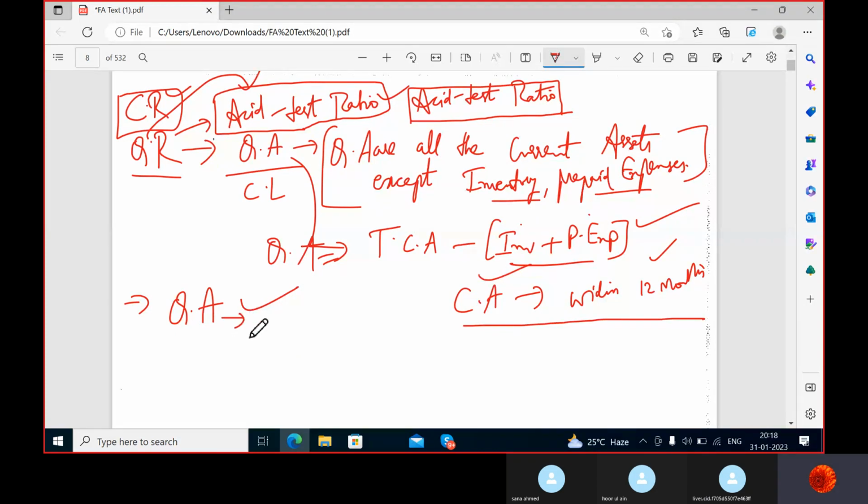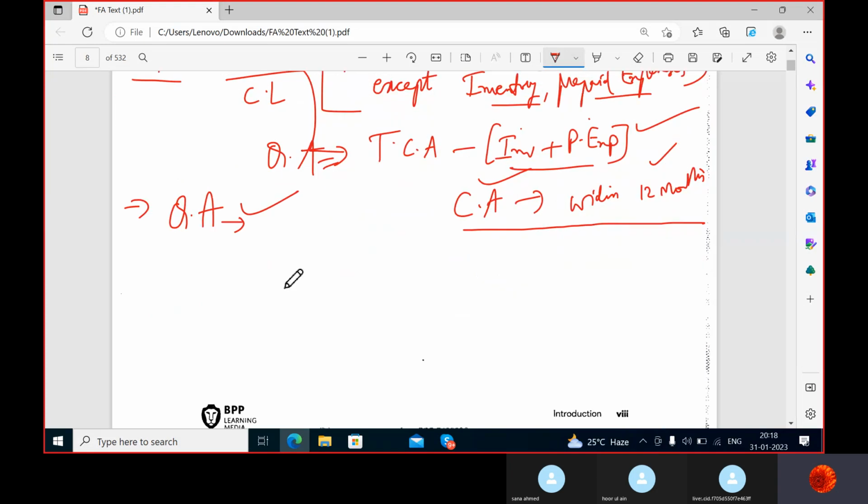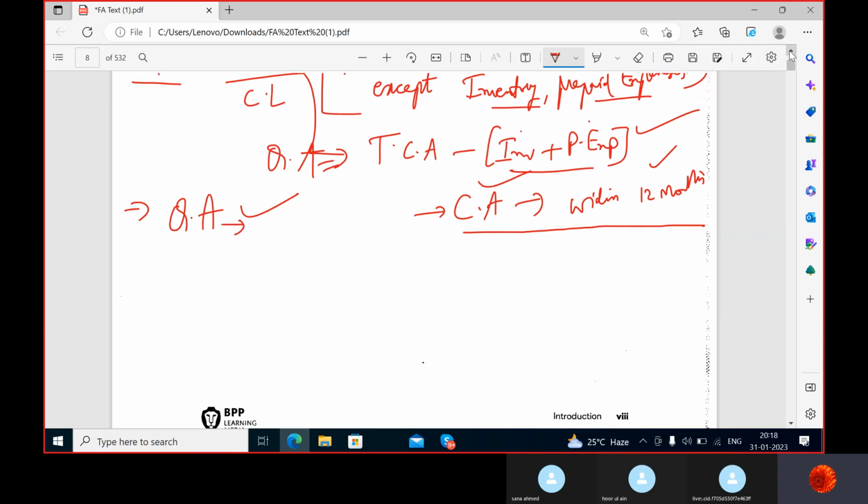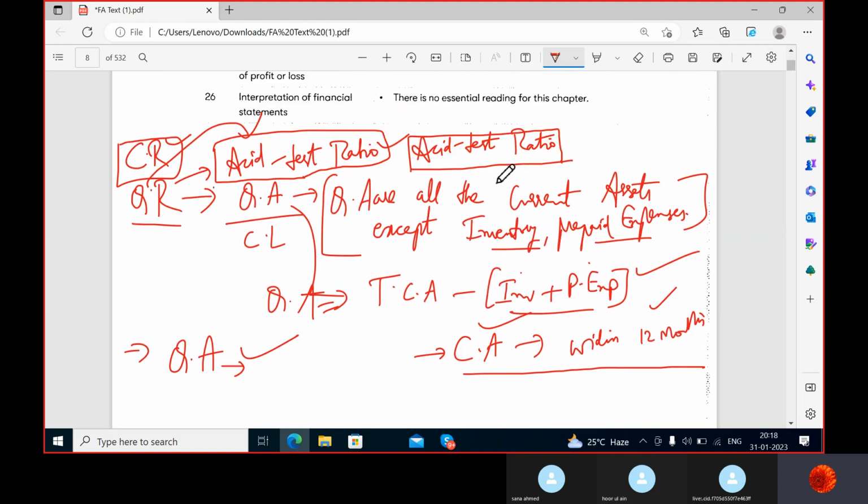But quick assets are a refinement of current assets. How is it a refinement? First we took all the current assets under current assets. Now in quick assets, we are going to exclude two current assets. What are those two? Inventory and prepaid expenses.